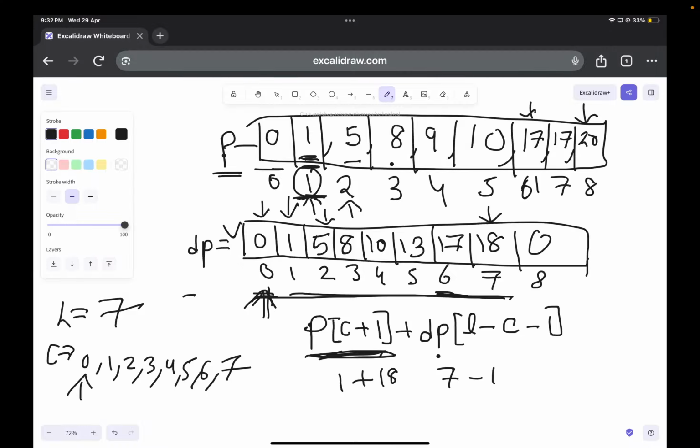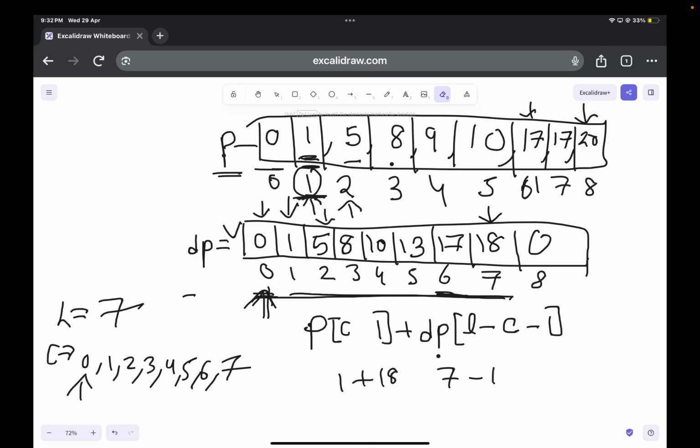Length 7. We can give for price only. Price of C minus 1 plus P of L minus C minus 1. P of C minus 1 you are saying here. No, not there, sir.